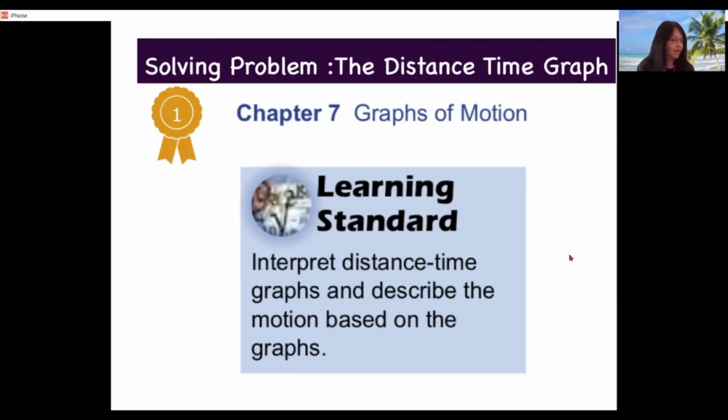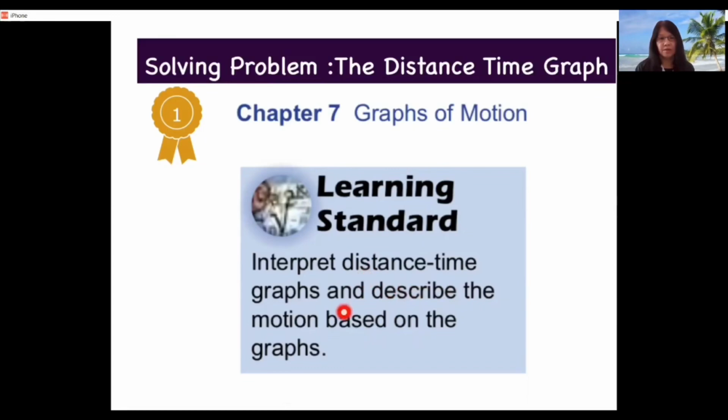We will learn solving problems on the distance-time graph. Okay, Chapter 7, graph motion. Today our main objective, our learning standard, is to interpret the distance-time graph and also describe the motion based on the graph, right?